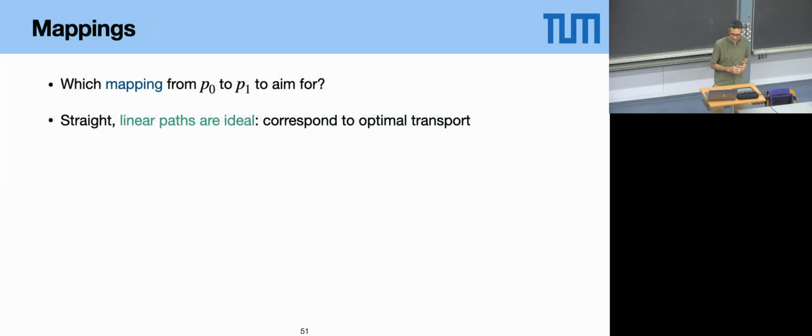Here, some considerations are important. We're still looking at this viewpoint to map one probability distribution into another one. We want to start with a simple one and match this with our complex distribution as given by the data. You can imagine, and it's good to keep in mind, I do have some images coming up in a moment. We want to transfer one into the other one.